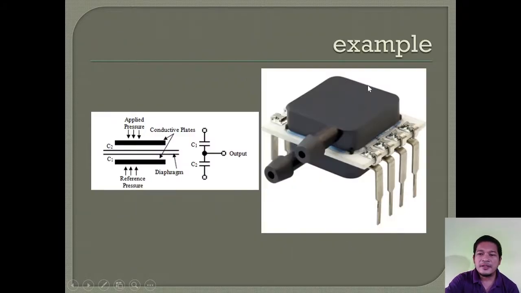So these are the samples of a capacitive pressure sensor. Here the pressure comes in, and also the other pressure.